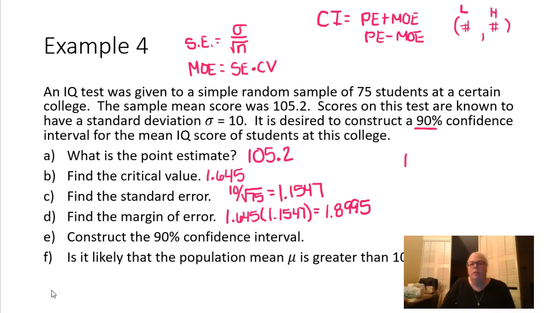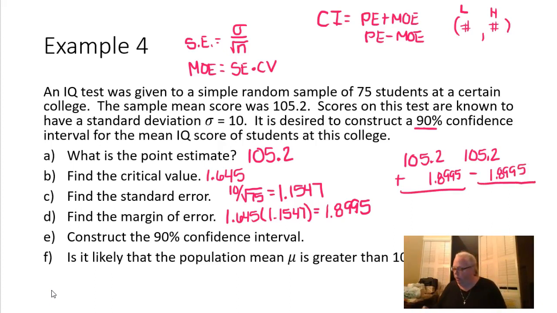Our point estimate we said was 105.2. And remember, I'm supposed to add the margin of error, and I'm supposed to subtract the margin of error to get to my confidence interval here. So let's see. 105.2 minus 1.8995. This is going to give me 103.3005.